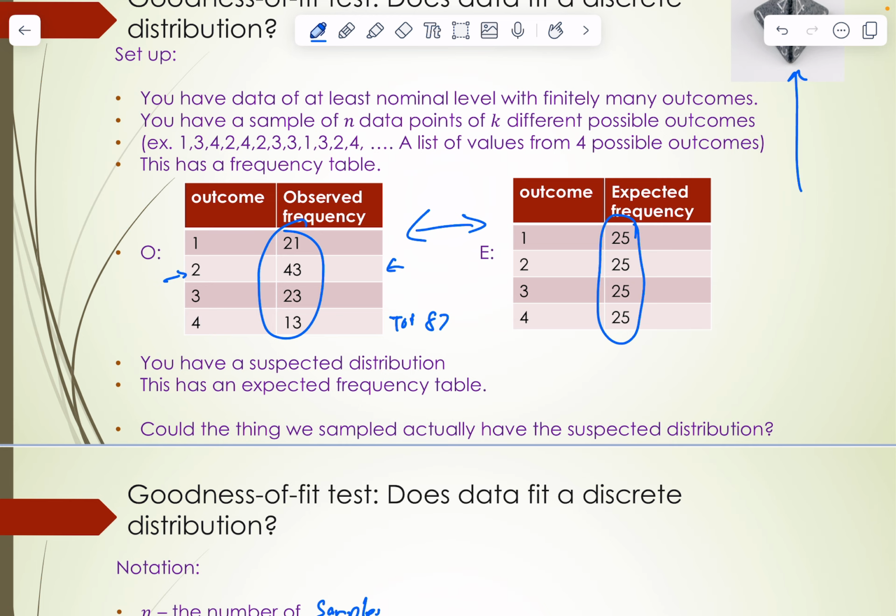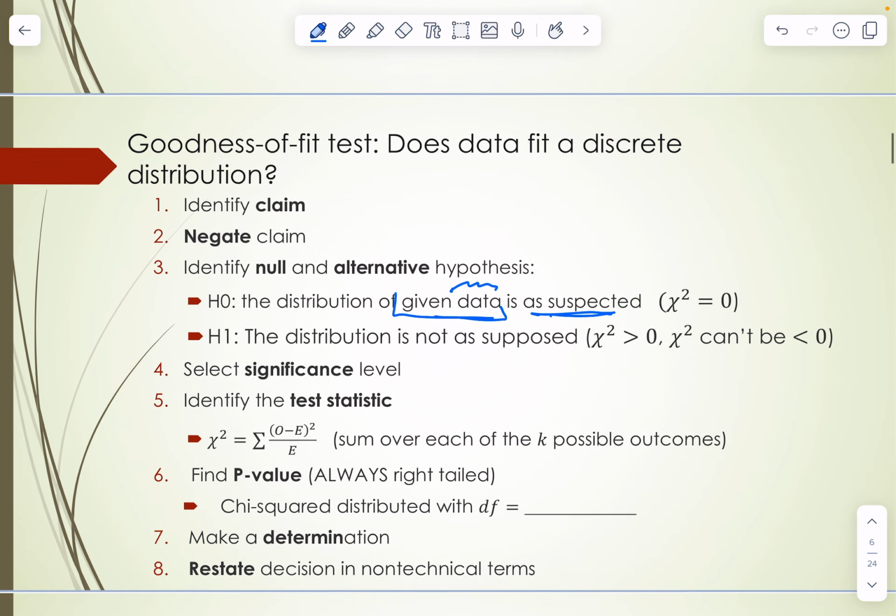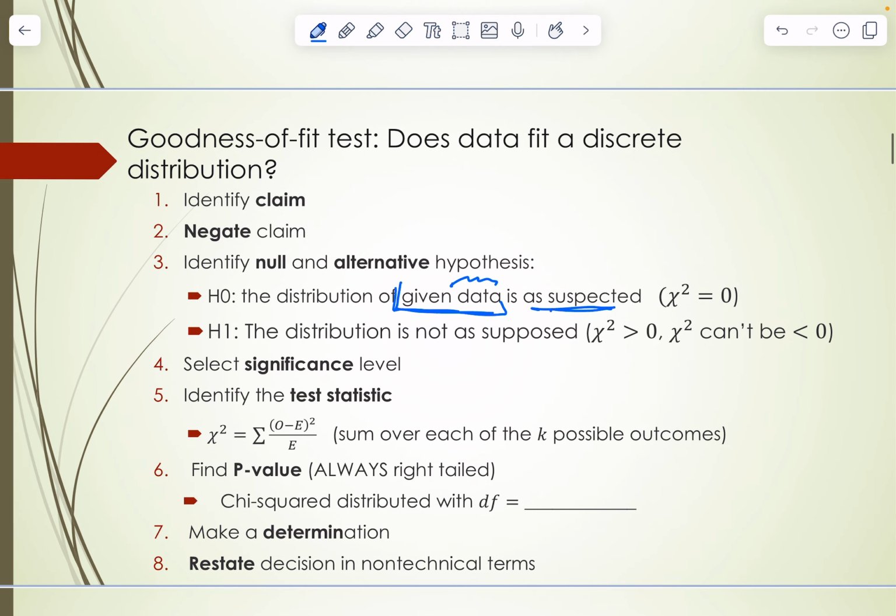That the actual process from which the data was sampled does not have the expected frequency? That's what we're asking about, and I wrote that in a bad way. It's not about the distribution of the data, it's the distribution of the generating process of the data.